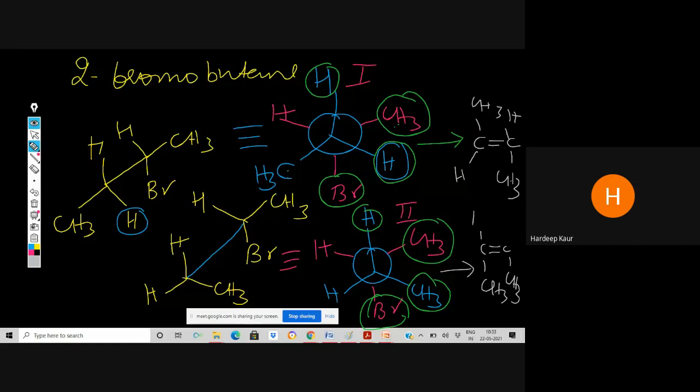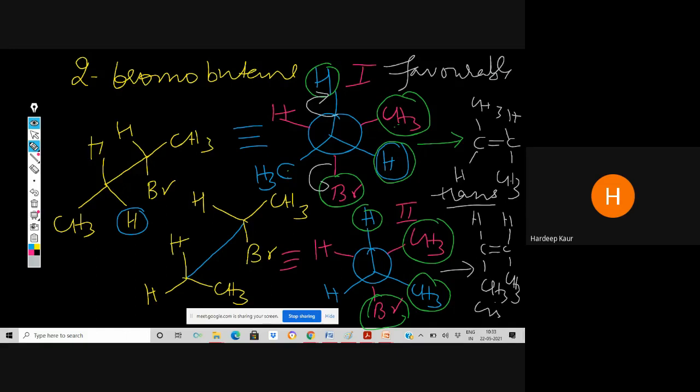Which is cis and which is trans? The lower one is cis, madam. Yes. The upper one is trans. And you are saying the first conformation is favorable. So it will be more stable, and being more stable it will eliminate the HBr rapidly, and we will exclusively get a trans product. In this way, the conformation of the molecule affects the reactivity.